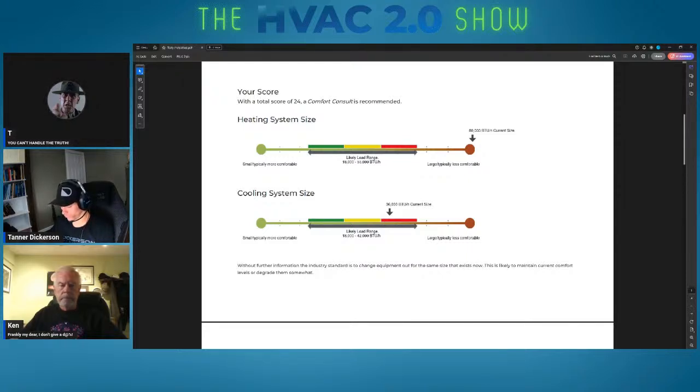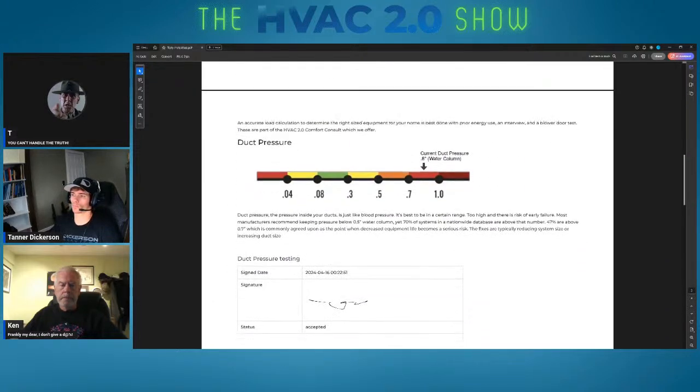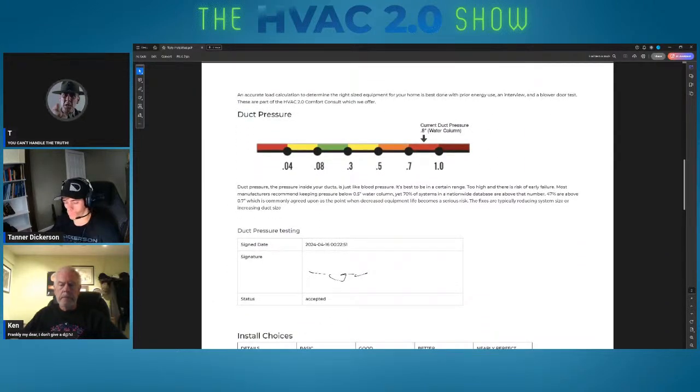So we're going to have the 6 functions above this part, and then below this will still be the static pressure, which, scroll down a little bit. So the duct pressure conversation will occur at the end.